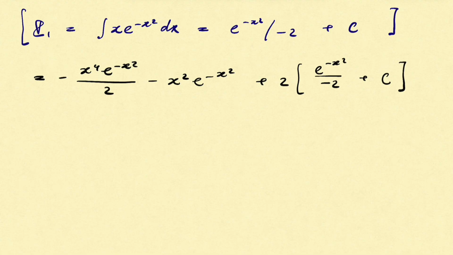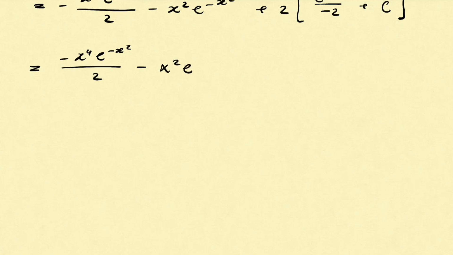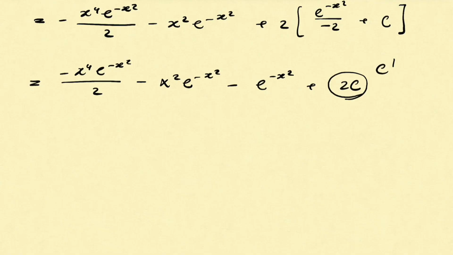Now let's collect all the terms and see what we have in the end. Minus x^4 e^(-x²) over 2, minus x² e^(-x²), minus e^(-x²), and plus 2c. Later on we'll replace this by some c prime for the sake of convenience only.